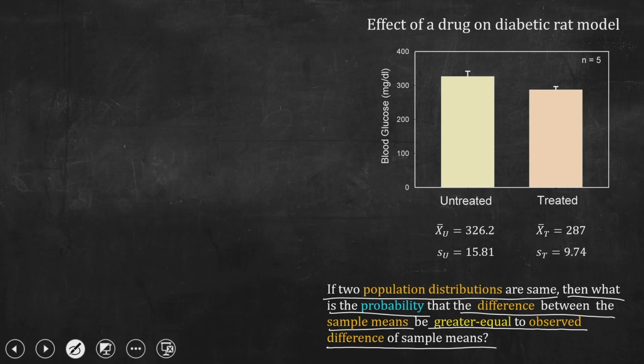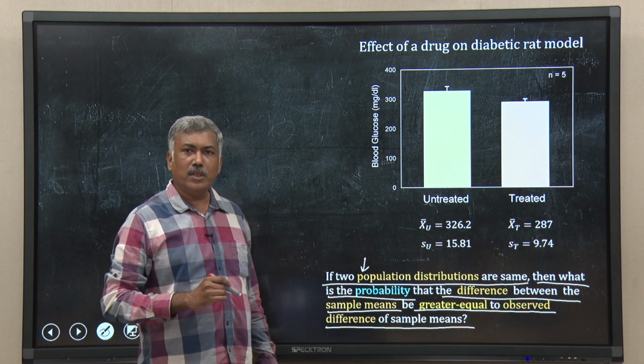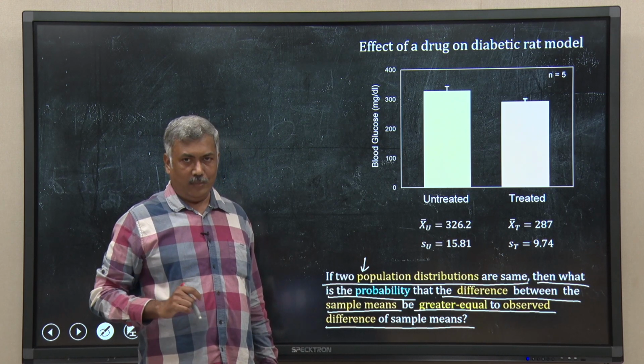That you want to calculate, and based on that probability either you will keep this assumption that the two population distributions are the same, or you will reject that assumption.